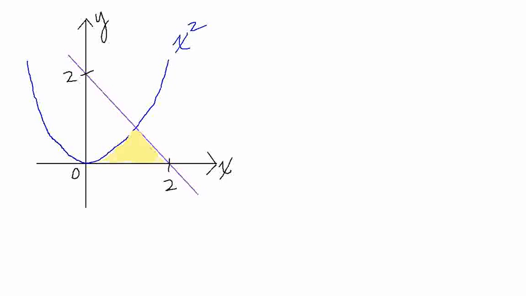All right, I'd like you to find the area of the yellow region. The yellow region is defined with respect to the graph of the x squared function, which I've drawn in the picture, as well as the line through the points with coordinates (0, 2) and (2, 0). And from below, the yellow region is defined with respect to the x-axis. I'd like you to find the area two ways, using integration with respect to horizontal rectangles as well as vertical rectangles. So pause the video and work that out now, please.